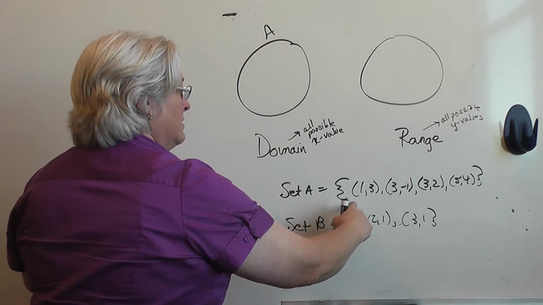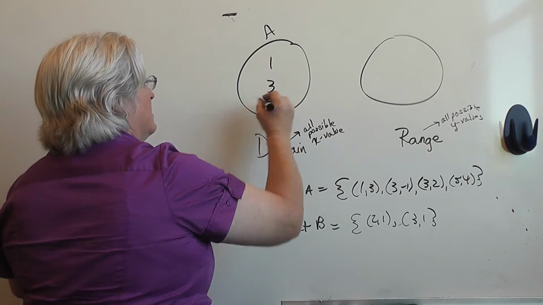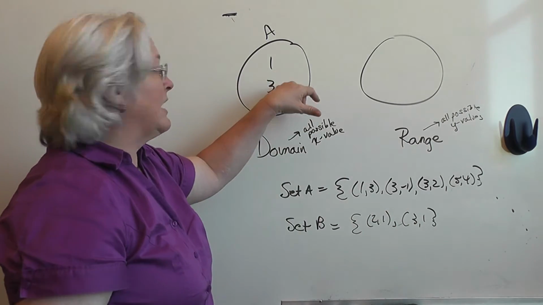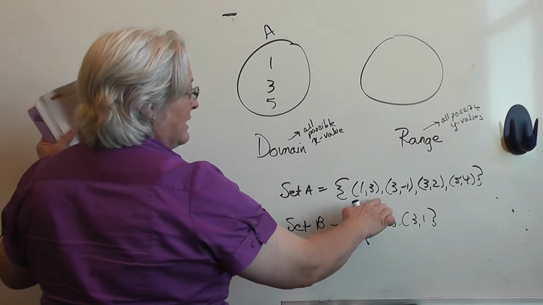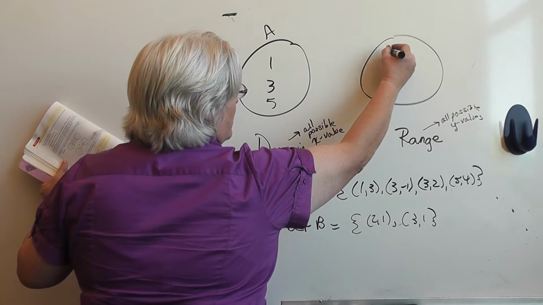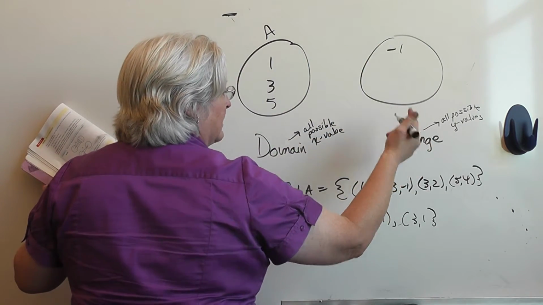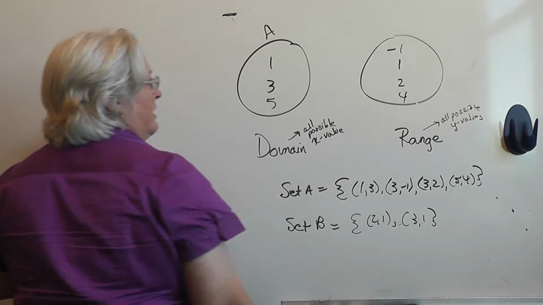Well, x is 1, 3, and 5. And even though 3 is used 2 separate times, we're only going to write it down once in our circle map. And then what do we have here? We have 3, -1, 2, and 4. So I'm going to want those to be in numerical order, lowest at the top. -1, 2, 3, and 4.